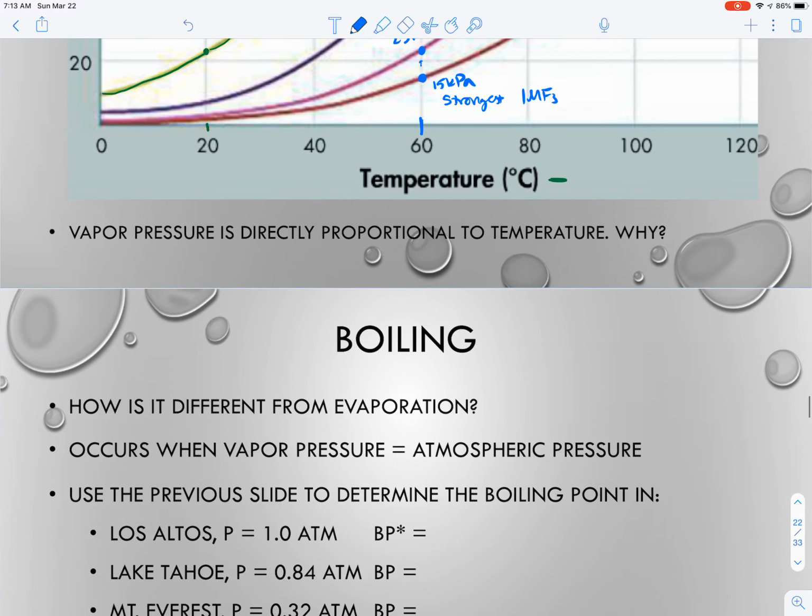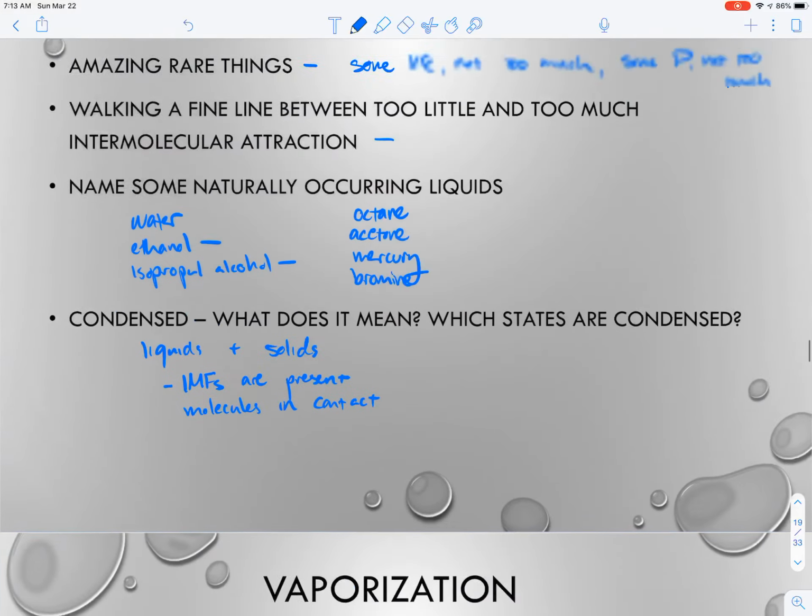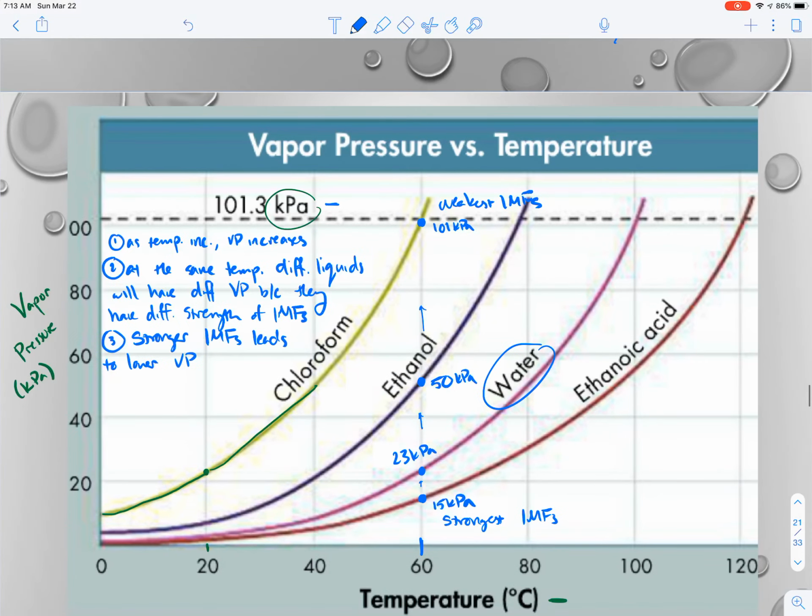Okay, so another important thing to note here is that eventually, when something gets warm enough, it'll boil. So if we look at water, we know that there's an important data point for water, which is that at 100 degrees Celsius, it starts to boil. Okay, and if we take that point all the way up here, we can see that at 100 degrees Celsius, water's vapor pressure is actually equal to this dashed line.